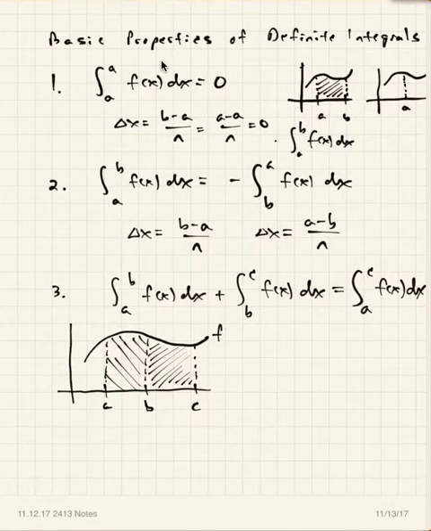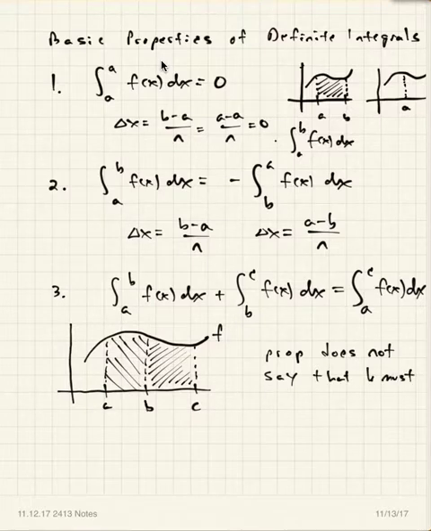Though I do want to point out that I drew this specifically so that b was between a and c, but the property doesn't say anything about where b is. The property does not say that b must be between a and c.